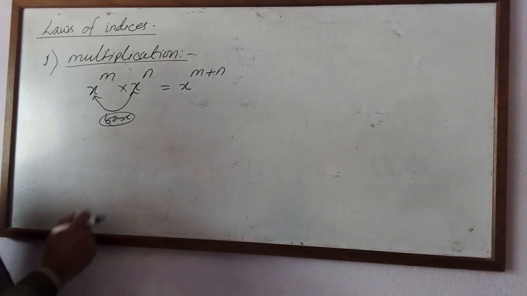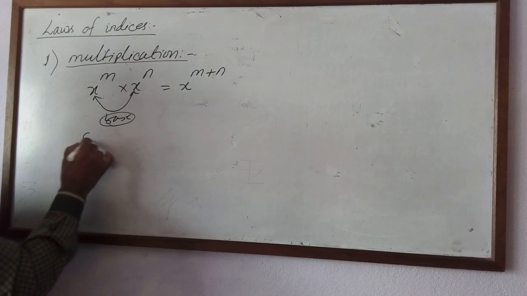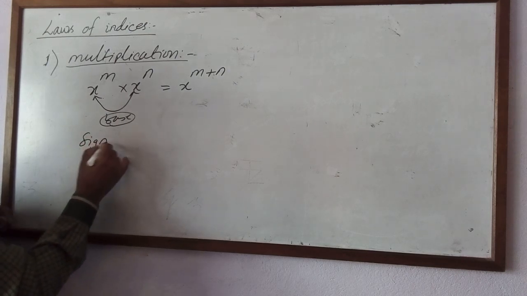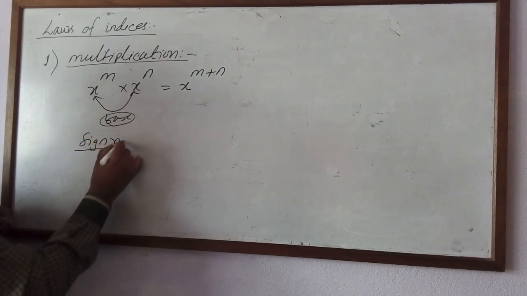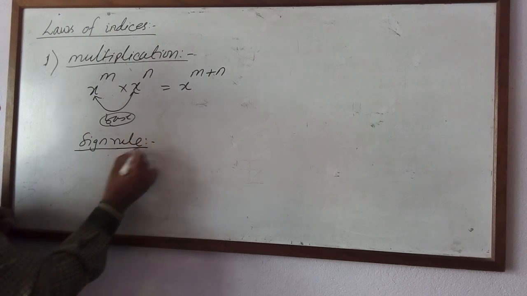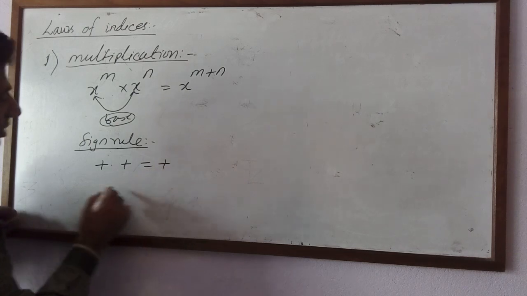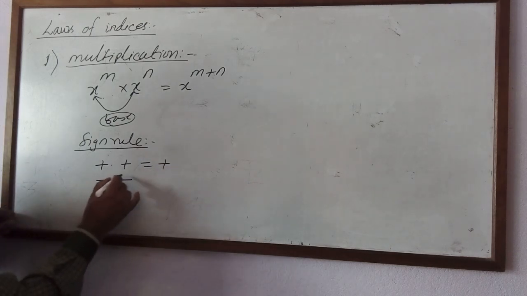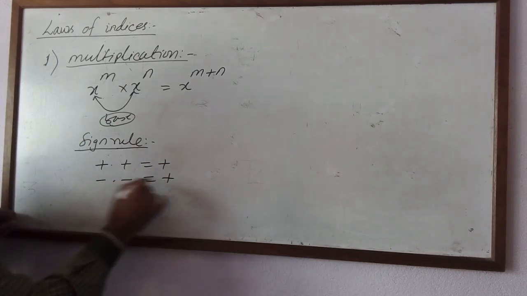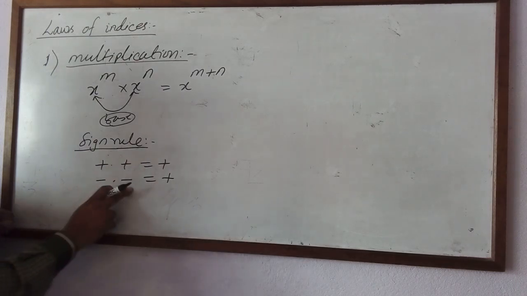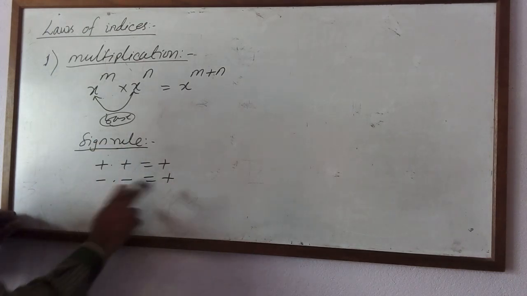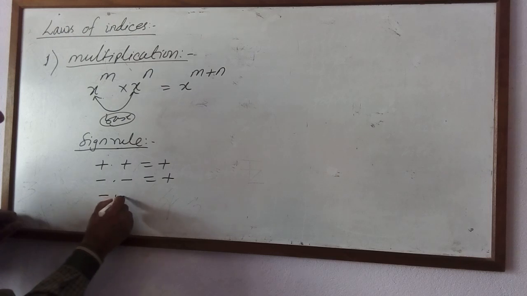Before this, you have to understand the sign rule also. How to multiply signs, this is very basic. Plus times plus, always it will be plus, minus times minus, again plus. When we multiply the same sign, it will be positive, and when we multiply different signs, it will be negative.